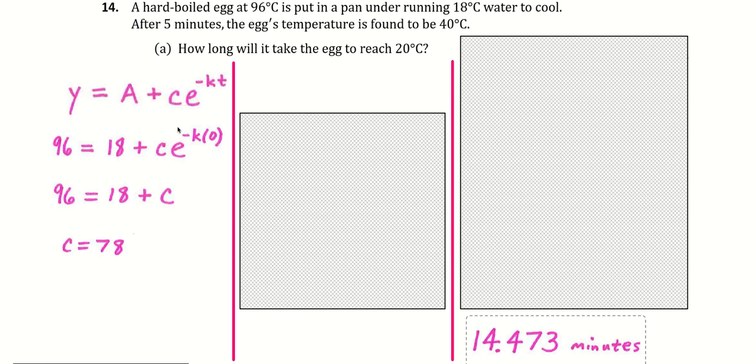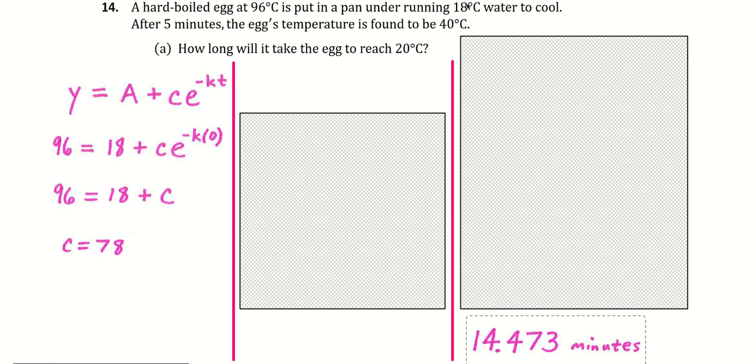And let's see. So once again, when you have a little c and a k value, like these constants, you have to finagle a way to plug in 0 for t, which is not difficult here because time equals 0 is the start. We originally have a temperature of 96 degrees for the egg, so at time equals 0, 96 degrees.